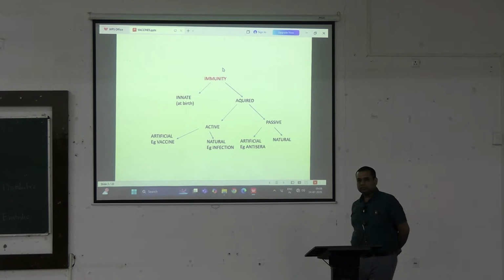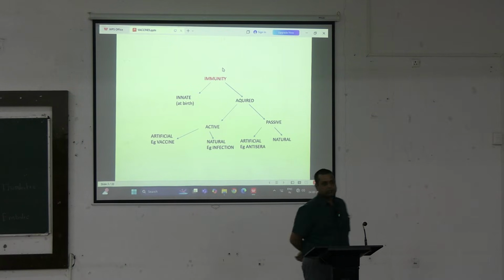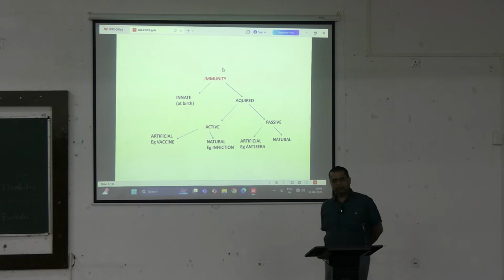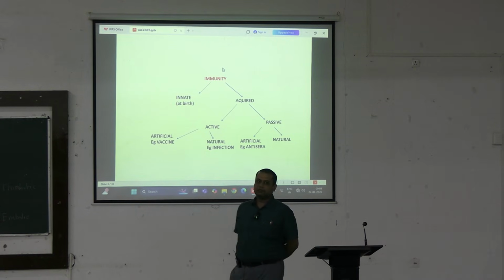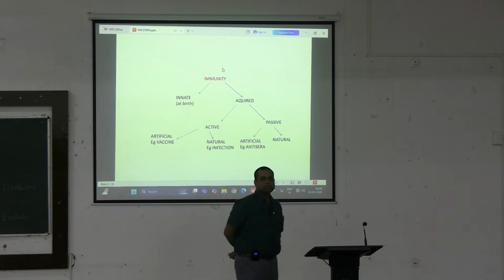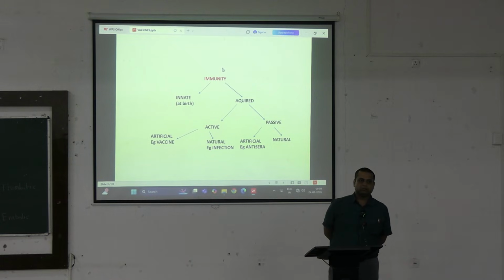Active immunity, just as I have said, is when an infection leads to immunity, and passive immunity is when you receive some ready-made antibodies.